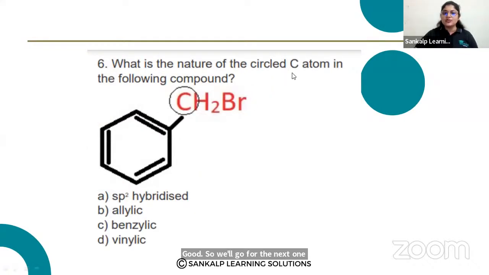What is the nature of the circled C, that is the carbon atom, in the following compound? You have to tell what is the nature of this particular carbon. A, sp2 hybridized, B, allylic carbon, C, benzylic, or D, vinylic?